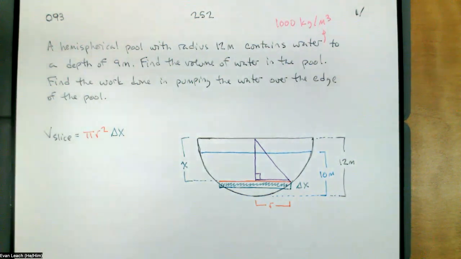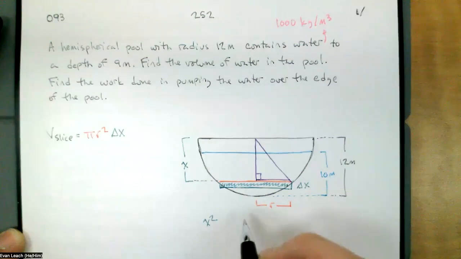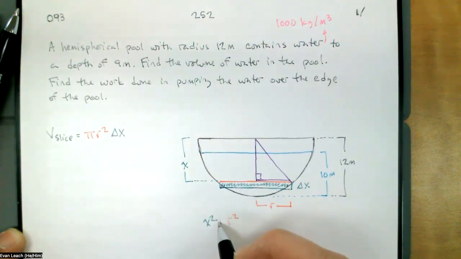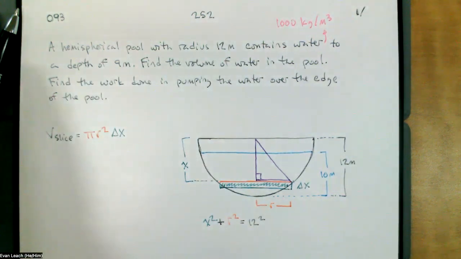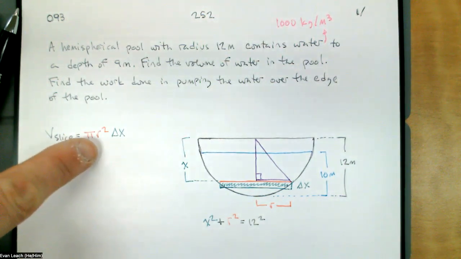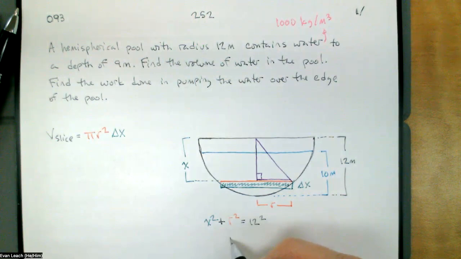So now we have x squared plus r squared is 12 squared. We want to know what the radius is in the volume of the slice. I need to know what the radius is in terms of the variable x. So r is the square root of 144 minus x squared. So this tells us that r is the square root of 144 minus x squared.